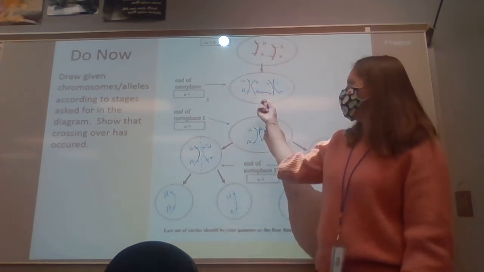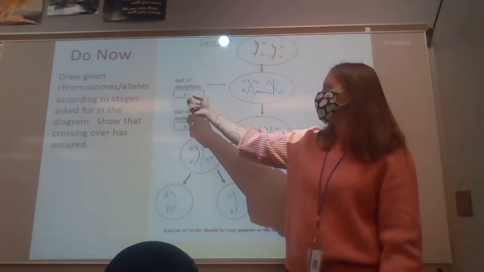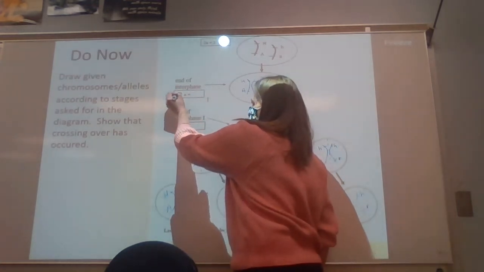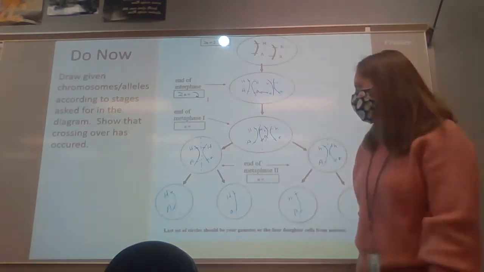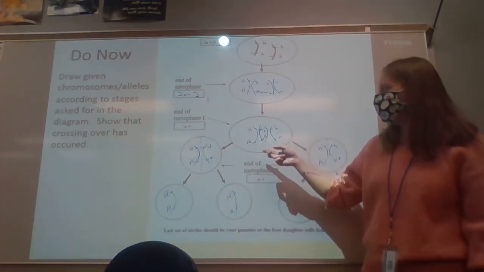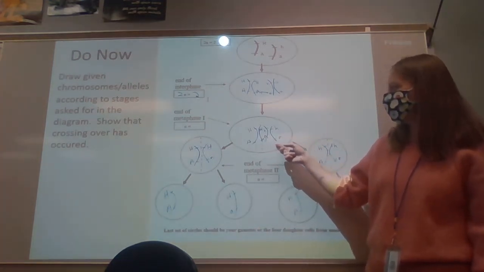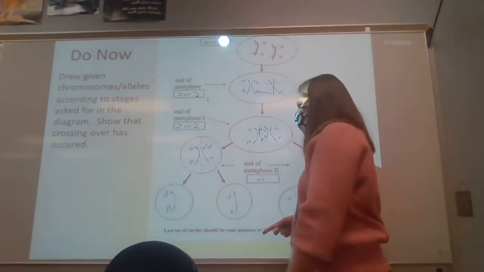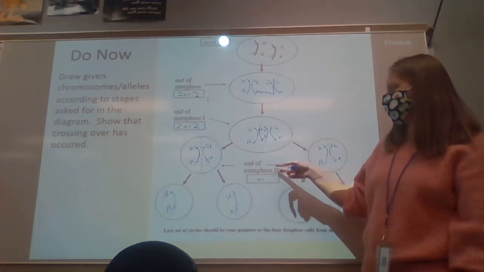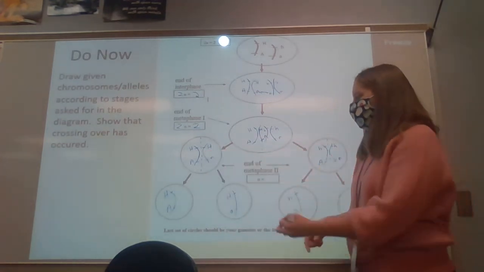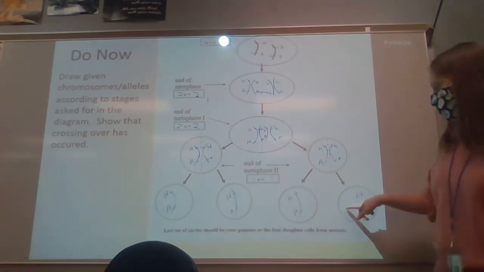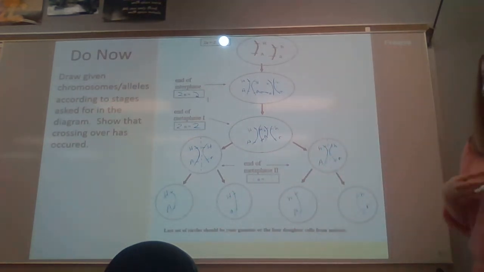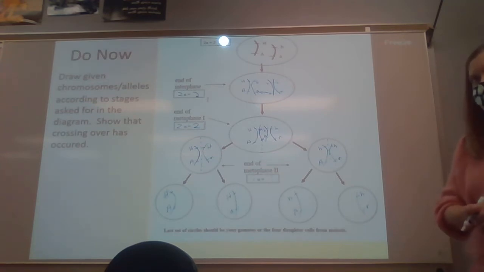At this point, the notation should be still 2n equals 2. It's not until after meiosis 1 is done that we're down to being haploid. 1n equals 1. And each of these new cells is also going to be 1n equals 1, right? So it's haploid, and we have half the number of chromosomes that we started with.